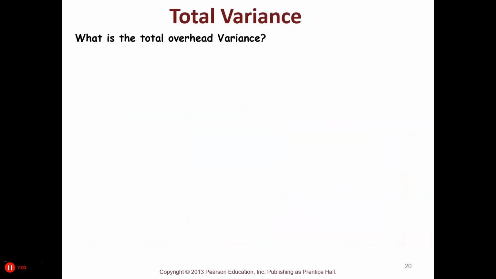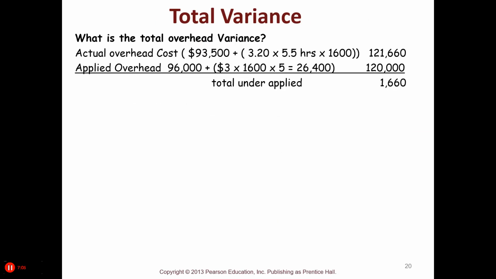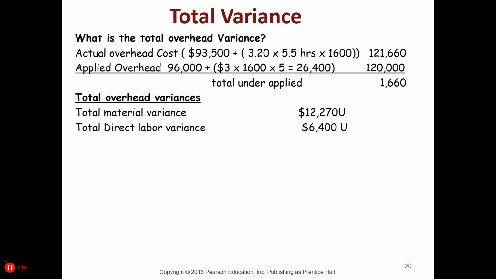Okay, now let's take a look at our total overhead variance, and this is from Part 1 also. So, for overhead, we said that we were underapplied by 1,600. So, we add up all of our variances, including our direct material and direct labor. Wait one second, let me change that.